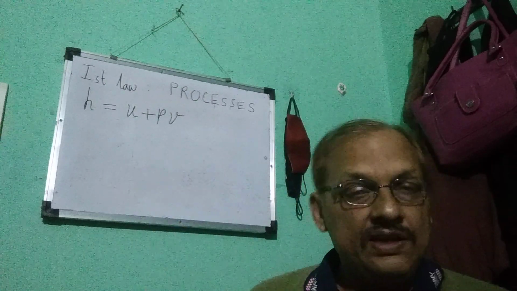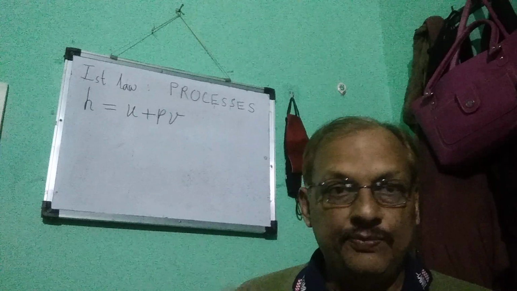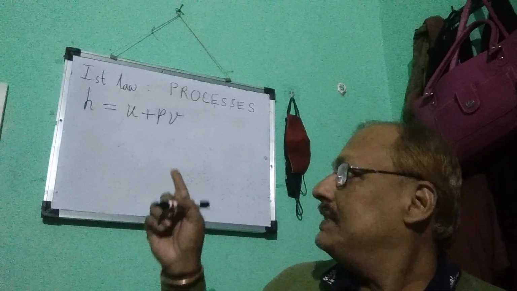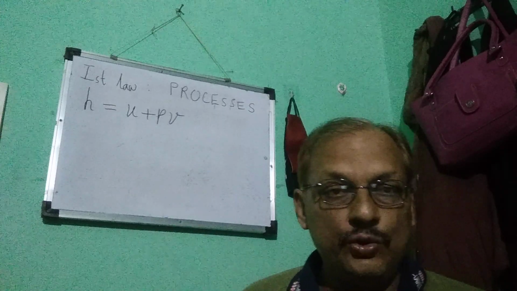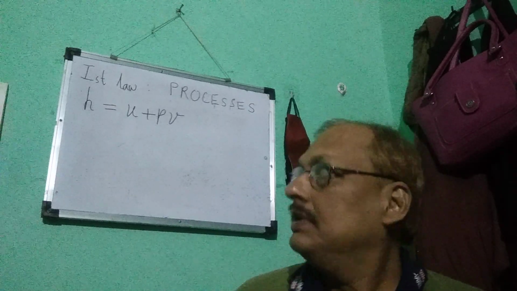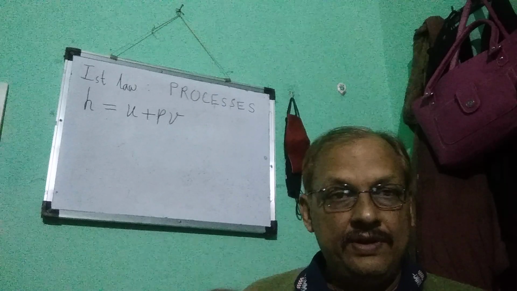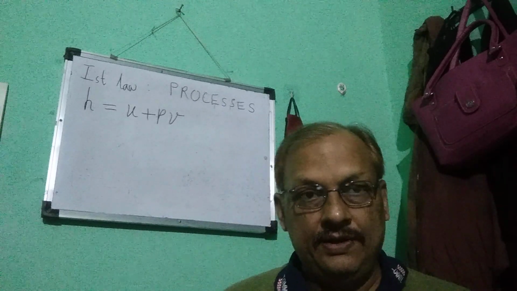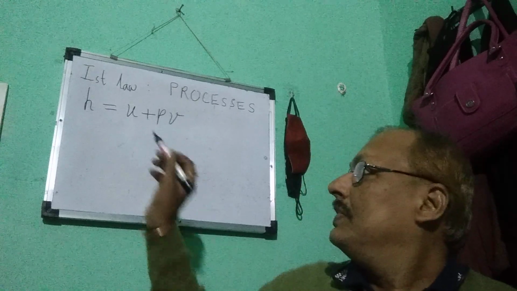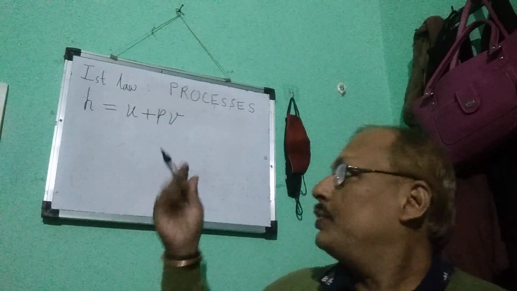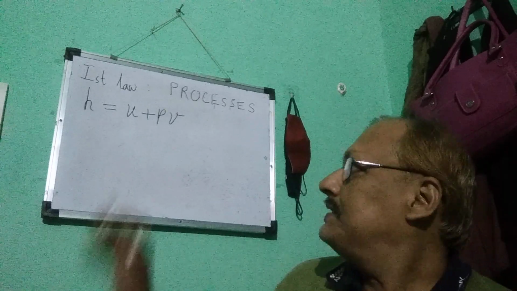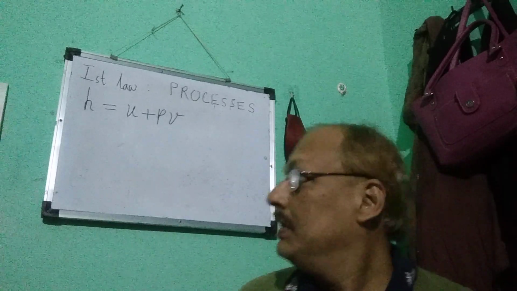All quantities are specific quantities in small letters. If you want to see the derivation of h = u + pv, then refer to my video titled First Law of Thermodynamics. There you will get it. So we will proceed from this equation h = u + pv.